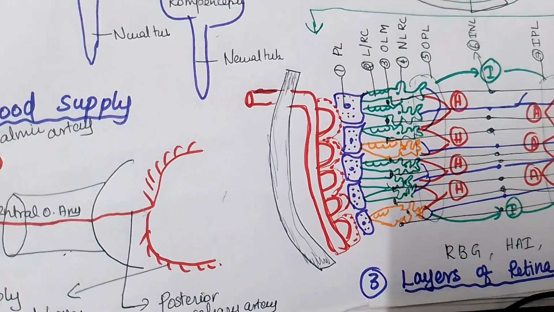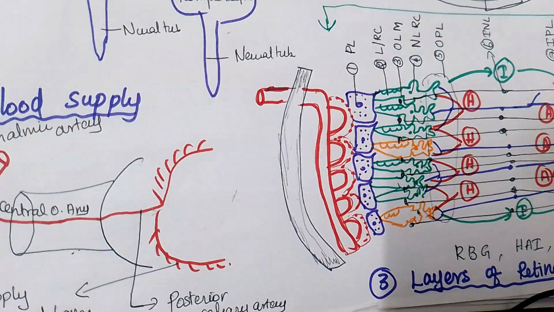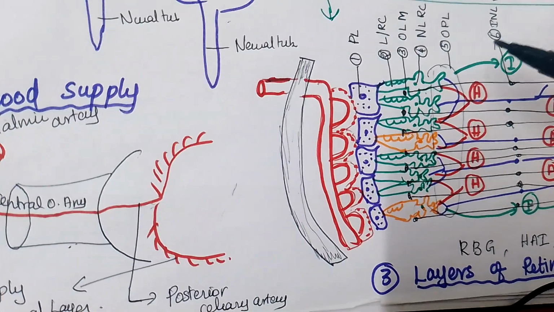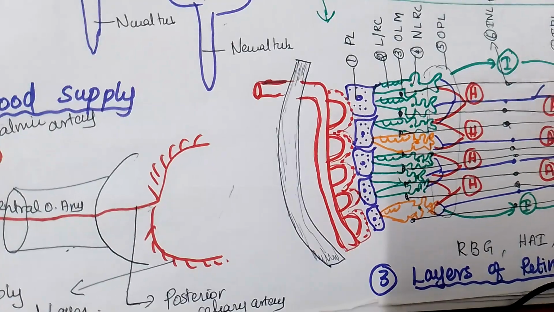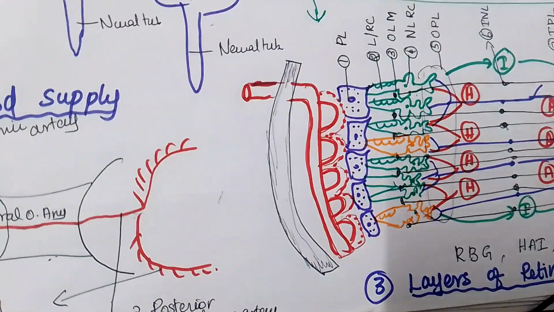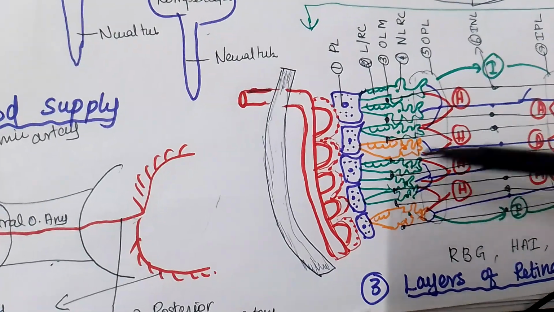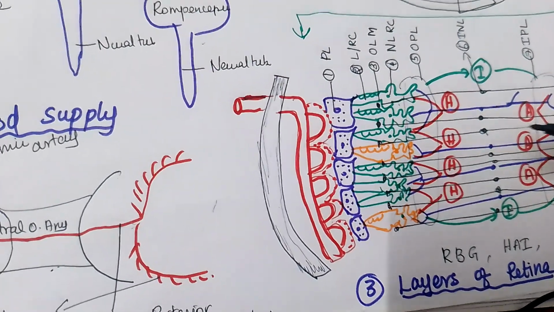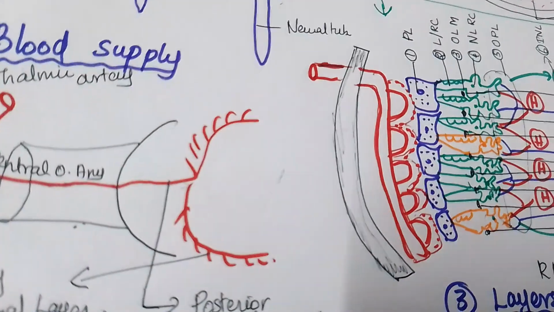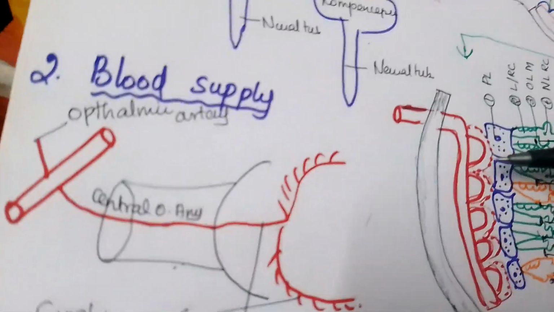So microscopically there are four kinds of cells making the retina. We will see how these cells are arranged in a systematic order and form the layers of the retina. We'll see how these retinal layers are arranged.